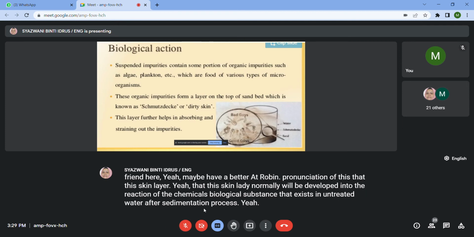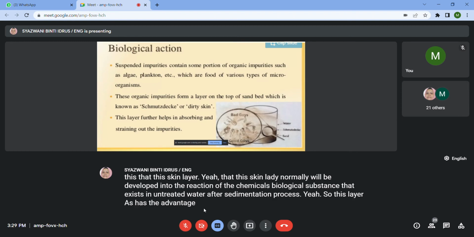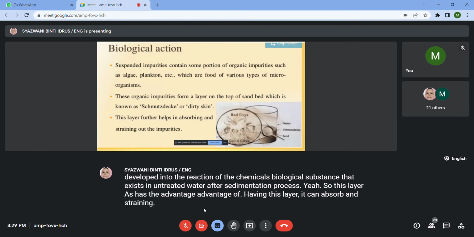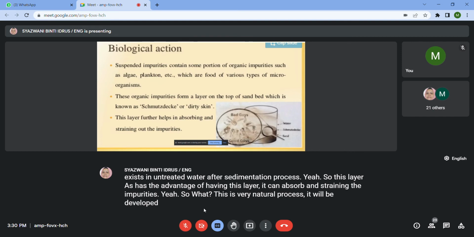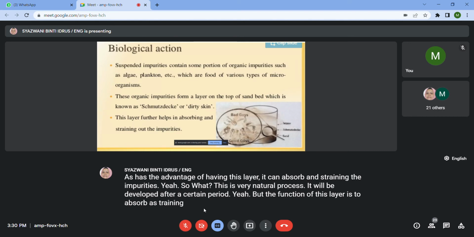There is an advantage to having this layer: it can absorb and strain the impurities. This is a very natural process and it will develop after a certain period. The function of this layer is to absorb and strain out the impurities.